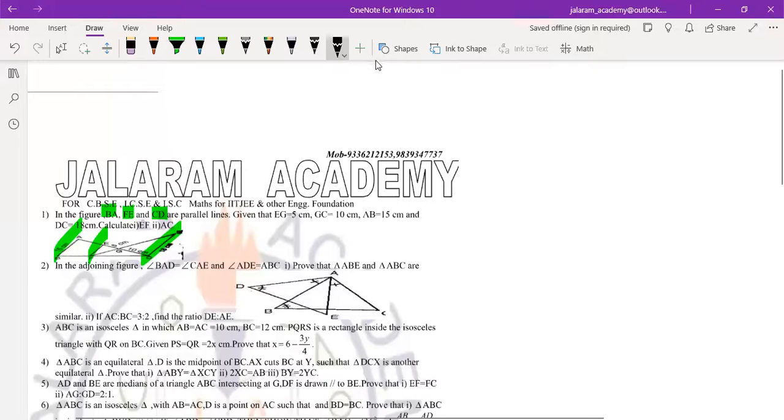So always draw the figure while reading the question and take hint from the figure only. Don't copy the figure. It is given that BA, FE and CD are parallel. First of all draw BA only. Write its name, BA.